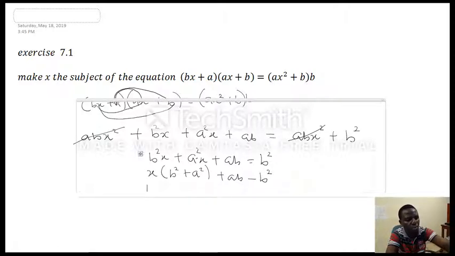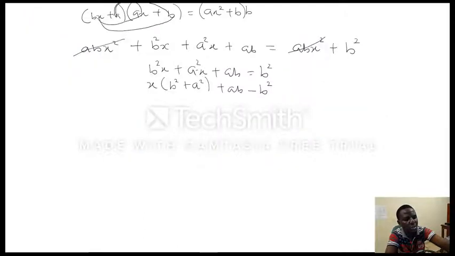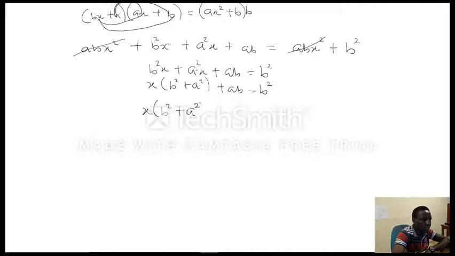Next, I'm going to take ab to the other side of the equation, leaving us with x into bracket b squared plus a squared is equal to b squared minus ab. So I can also factorize out b from this side, but is there any need? No, so I'm going to leave it this way.